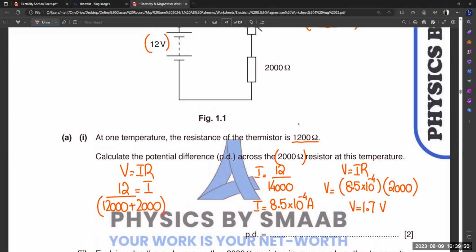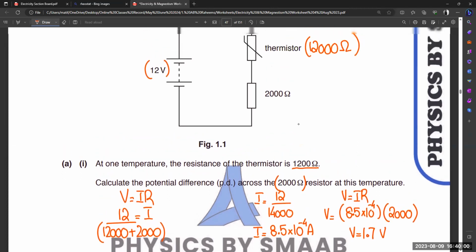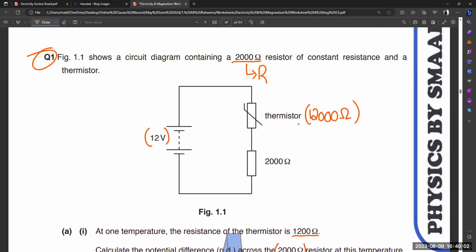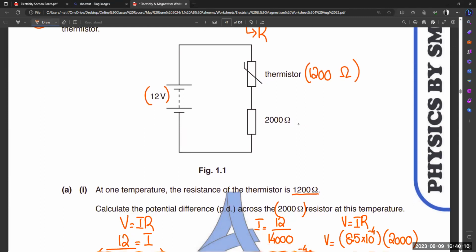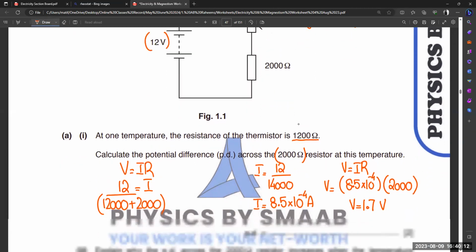But one mistake that we made: this value is equal to 12,000, right? In the question they mentioned 12,000.